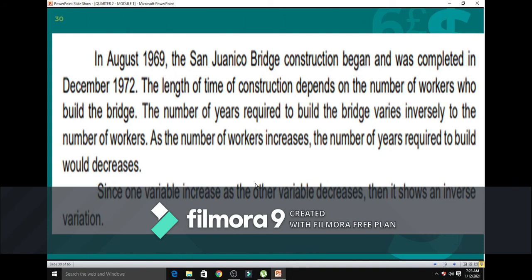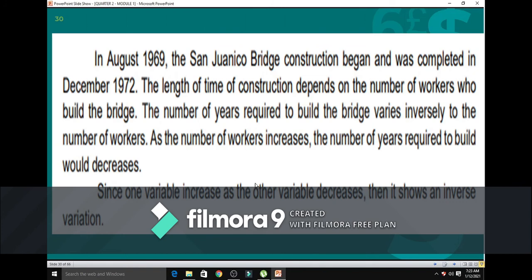So, habang marami yung gumagawa, mas bumibilis yung araw ng paggawa. Pero kapag nabawasan yung workers, ano nangyayari sa number of years na gagawin? Or number of days gagawin yung isang bridge. So, mas tumatagal. So, as the number of workers increases, the number of years required to build it would decrease.